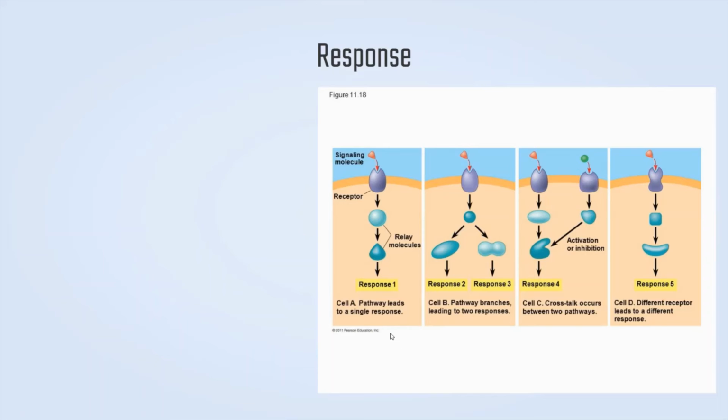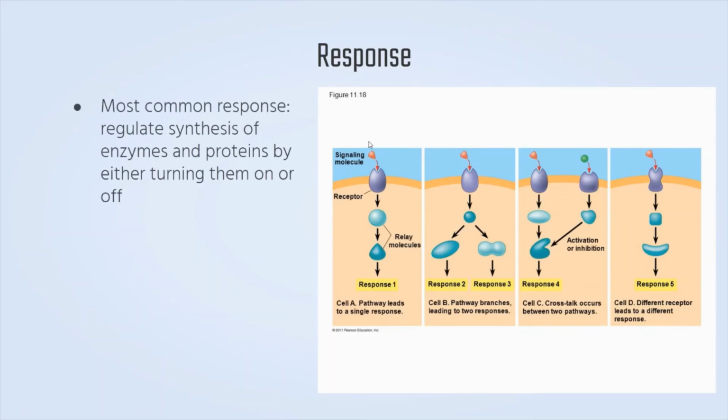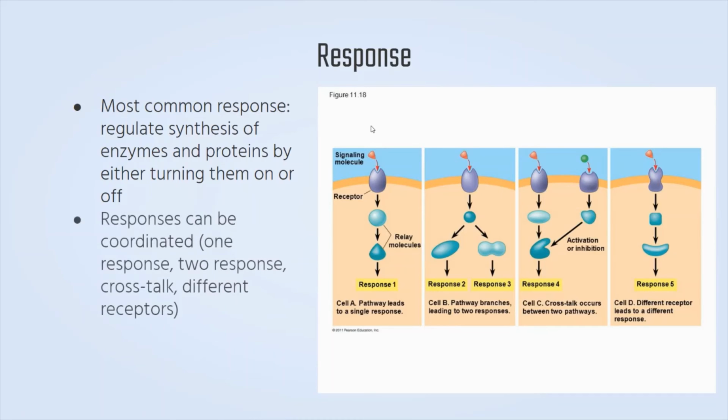After transduction, a response will be carried out. And the most common type of response is to regulate the synthesis of enzymes or proteins by either turning them on or off, like a molecular switch. And these responses can be coordinated. So you can see in this diagram, the first one is where a pathway will only lead to one single response.